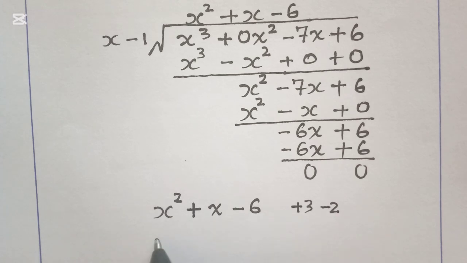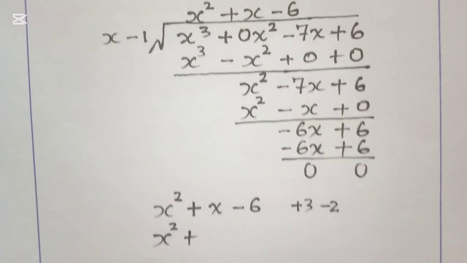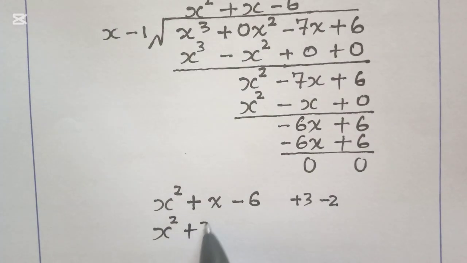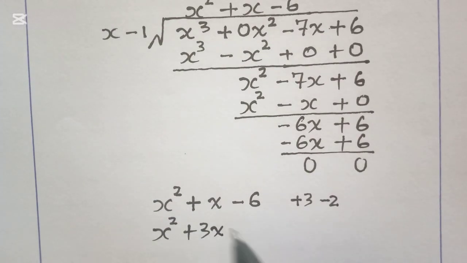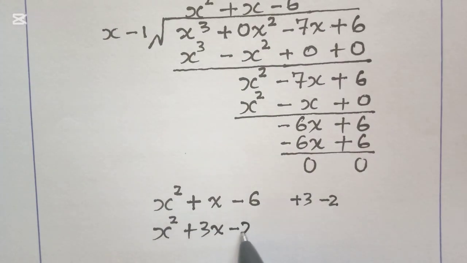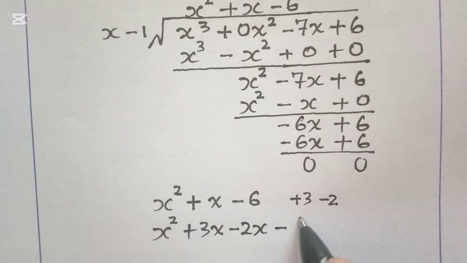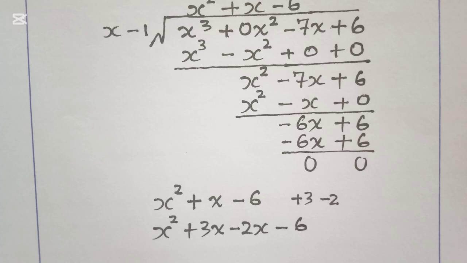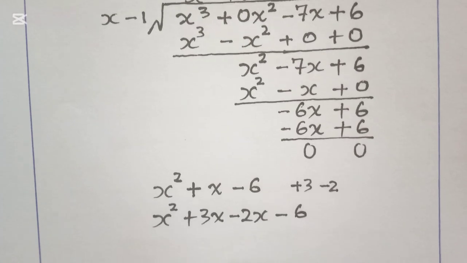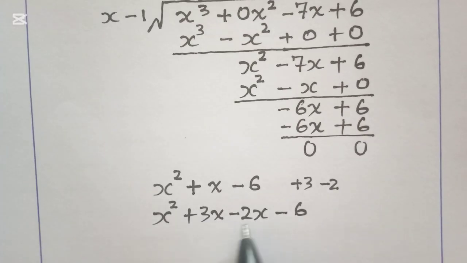So we shall have x squared plus 3x minus 2x minus 6. I hope that is okay, guys. Because if you add that, you get positive x. If you multiply, you get negative 6.